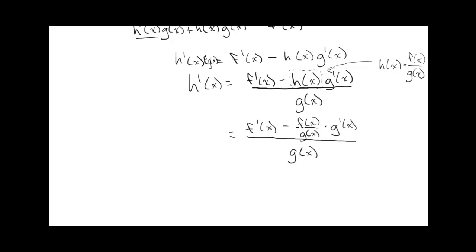And now we don't like the whole fraction in a fraction, so let's get a common denominator on the top. So common denominator of g(x), this is the numerator. So we'll have f prime times g(x) minus f(x) times g prime x. So that's the numerator, and then that's all over g at x.